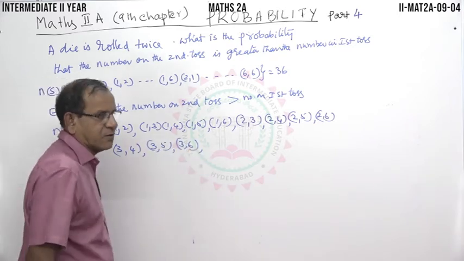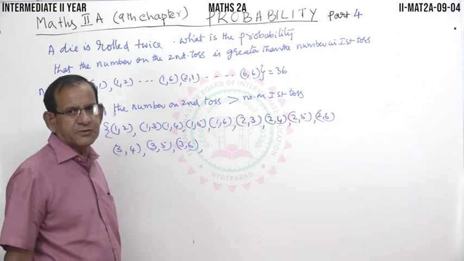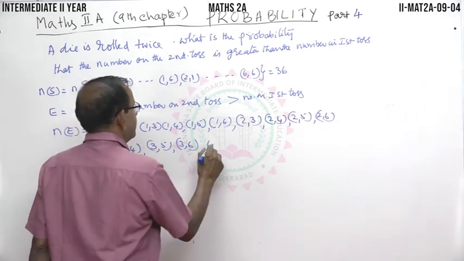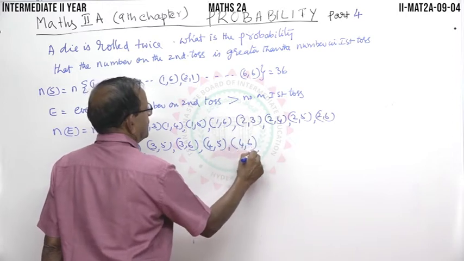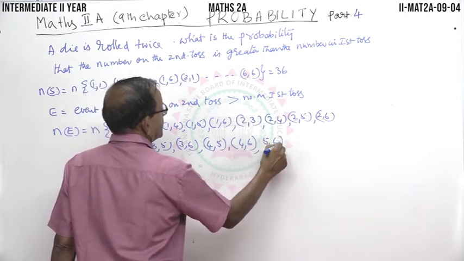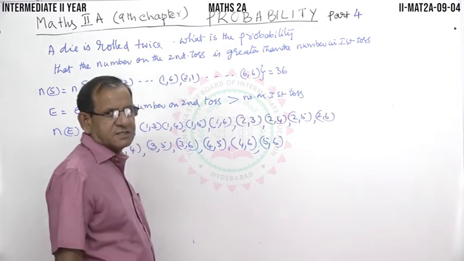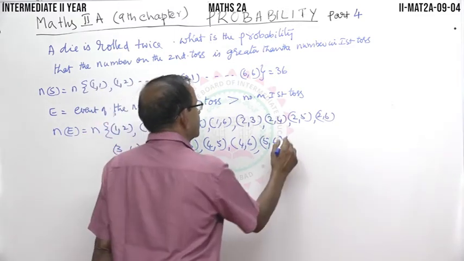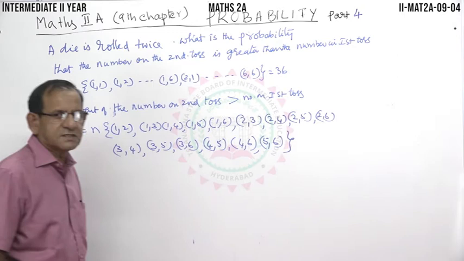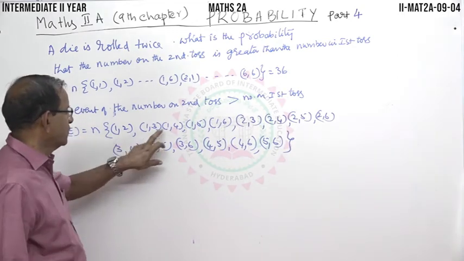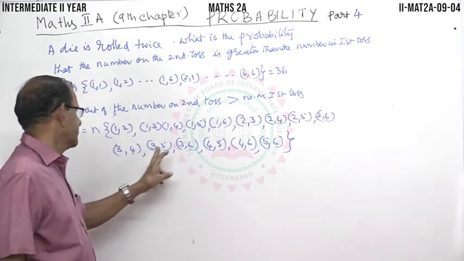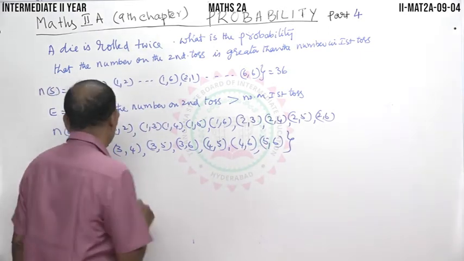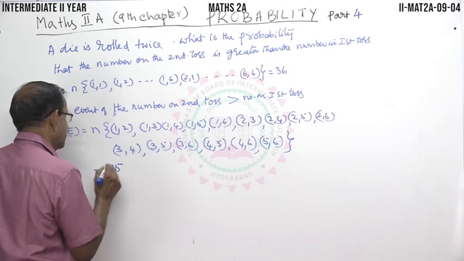Next with 4. 4,1, 4,2, 4,3, 4,4 we should not take. You can take only 4,5 and 4,6. Now with 5. Only 5,6 we can take. And with 6, we cannot take any pair. So how many pairs are there with that condition? 1, 2, 3, up to 15 pairs are there with that condition.